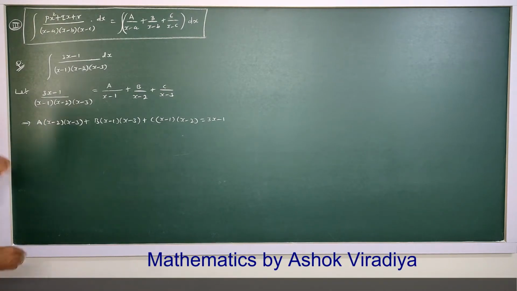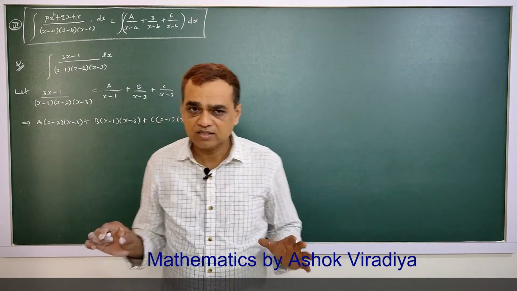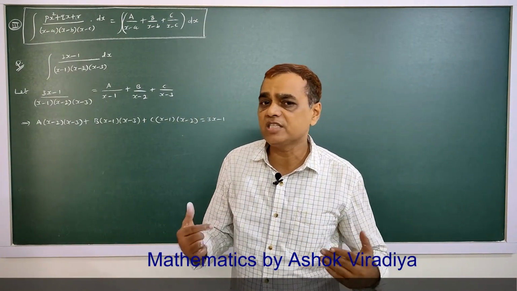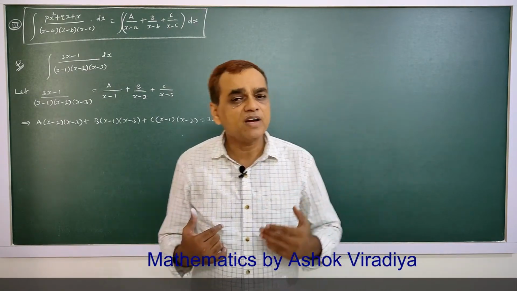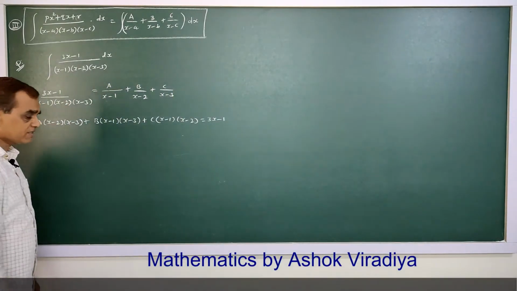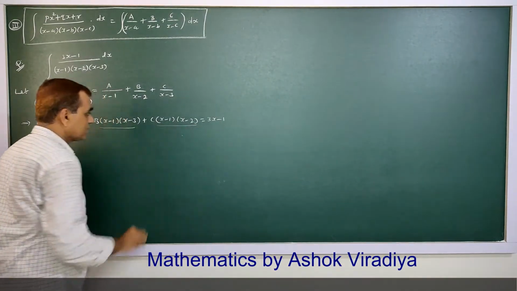Now we want the values of a, b and c. You can choose any value of x. Choosing any values of x, equations in a, b, c can be obtained. Then solving the equations, the values of a, b, c can be found. But the easiest way is to observe these terms.